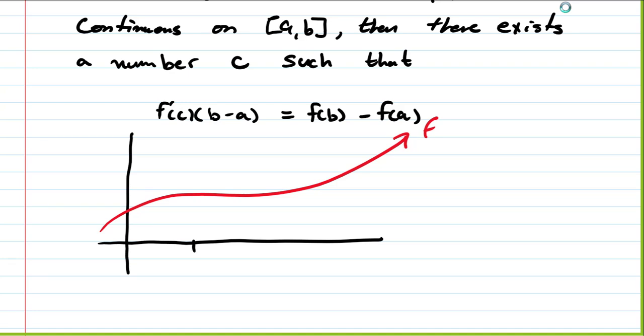And if we have our points a and b, what this says geometrically is if we were to create the secant line through the points (a, f of a) and (b, f of b), it claims then there exists a number c somewhere in (a, b).